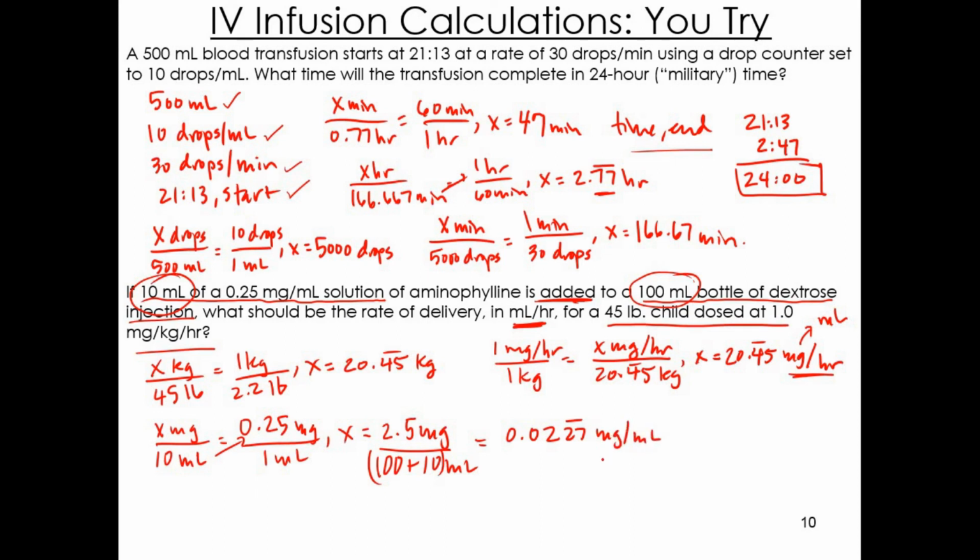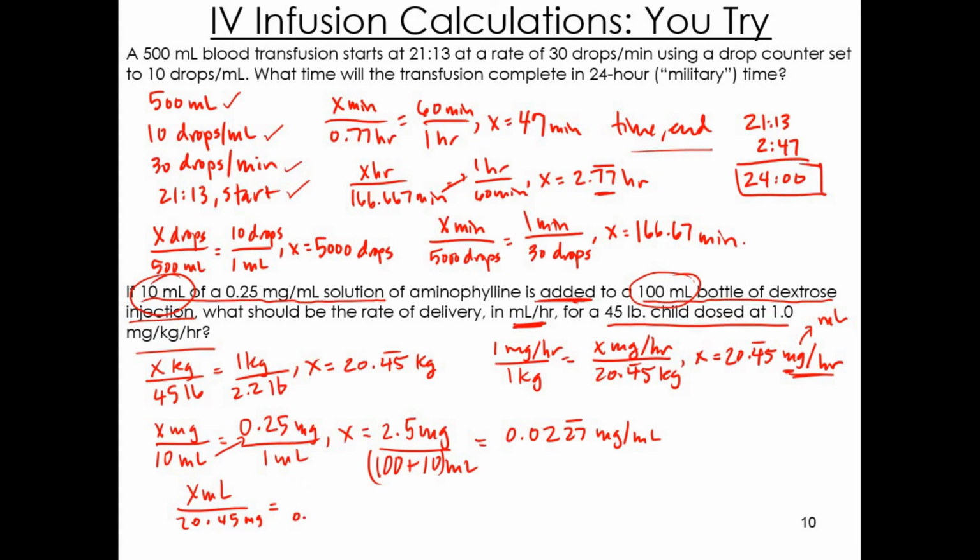Okay, we can now use this concentration to convert the milligrams up here into milliliters. So that might look like this. You could probably multiply it directly if you wanted to. Let's just continue with the proportions. 20.45 milligrams. How many mils is that?